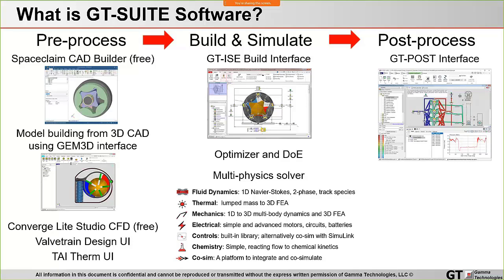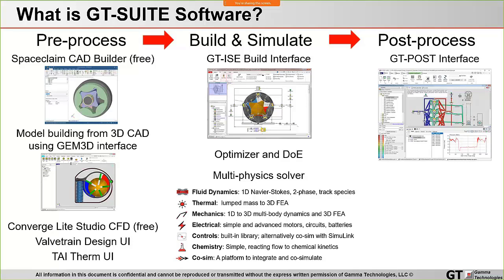And then from there, the CAD builder is typically used to prepare a CAD model by sometimes defeaturing it or cleaning up unwanted solids inside the model, or even doing things like volume extraction to prepare it for going into a GT Suite model. And then once the model is prepared from CAD, it can be imported into our native 3D CAD tool called GEM3D. And from there, we support importing of not only native CAD formats, but also SpaceClaim format as well.